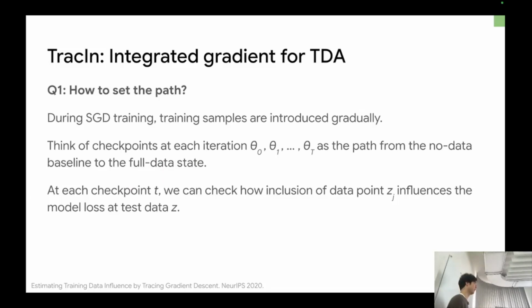Okay, so first question, how do you set this path? It's a very conceptual path in this case. The path is naturally given by the SGD training, because in stochastic gradient descent, you are gradually introducing a training sample one by one. Of course, after one epoch, you're looping back and repeating the same data multiple times.